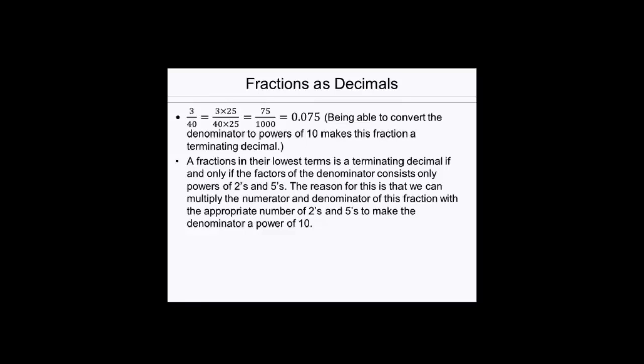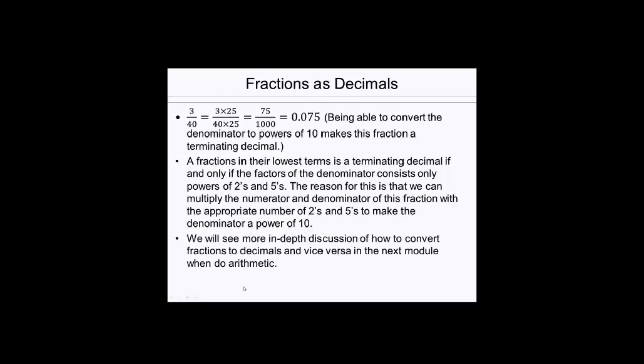The reason for this is because we can multiply by enough 2s and 5s to make powers of 10 on the bottom. Like here you had 8 times 5. 8 is made up of 2 times 2 times 2, so 3 2s, and 5 is 1 5. So 2 more 5s completed the power of 10 for us. We'll see a more in-depth discussion of this later.